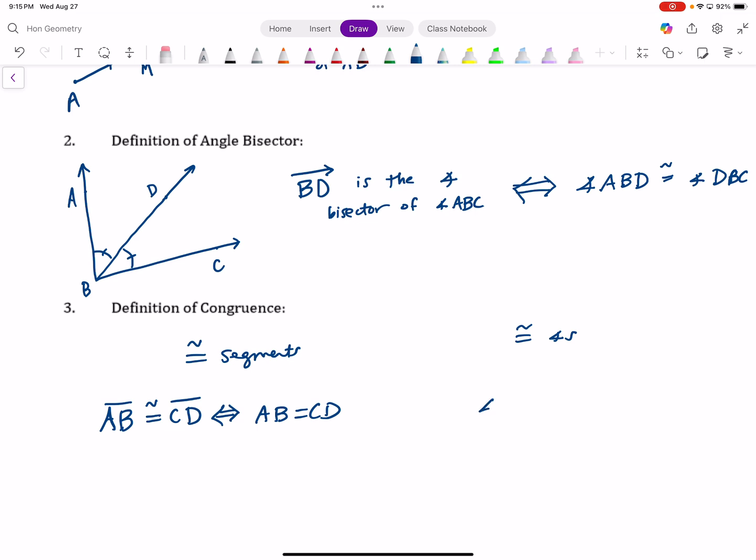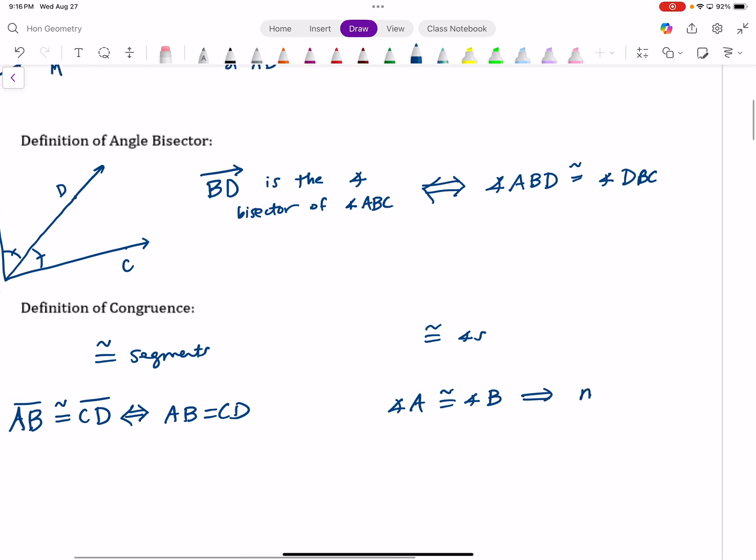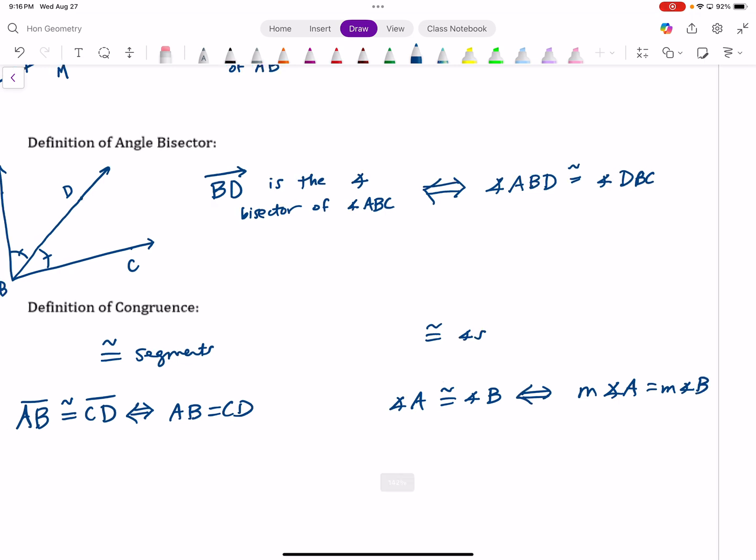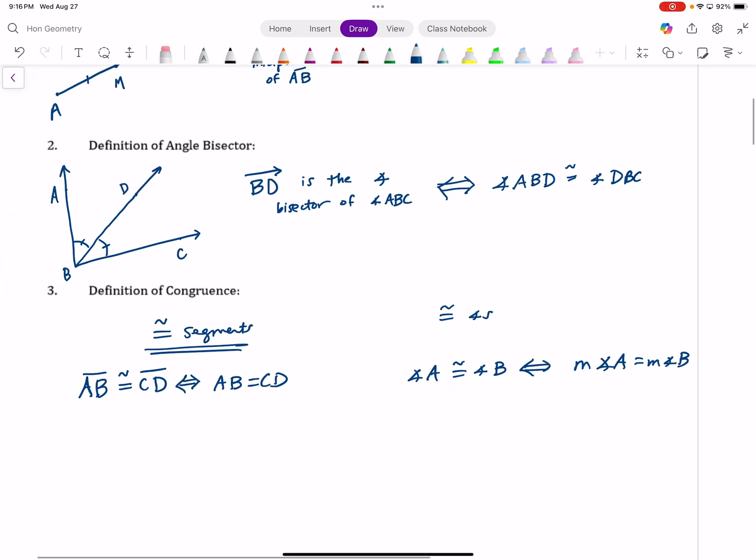If I tell you that there's two angles congruent, that means that their measures are the same and vice versa. Okay, so there's using segments, there's using angles. That's the definition of congruency. Those are huge. You're going to use these in proofs all the time.